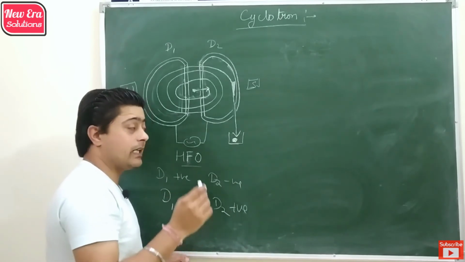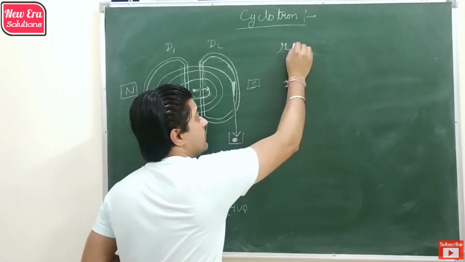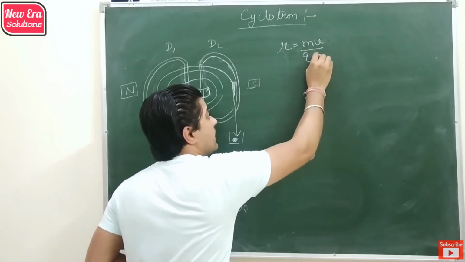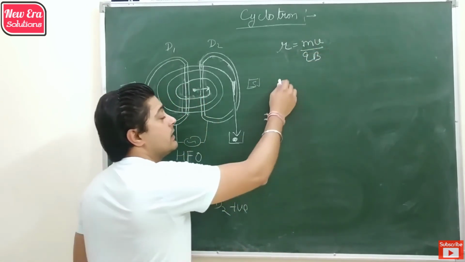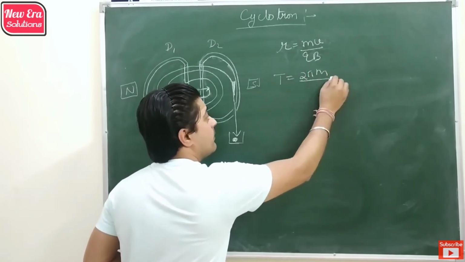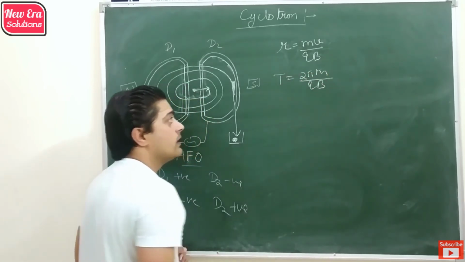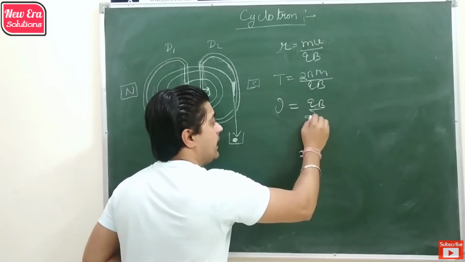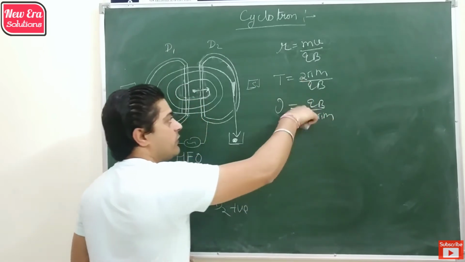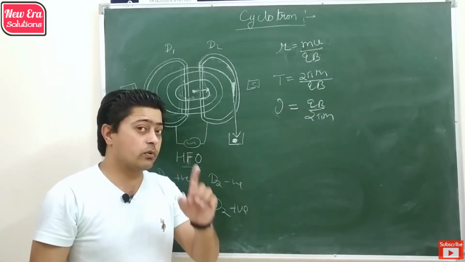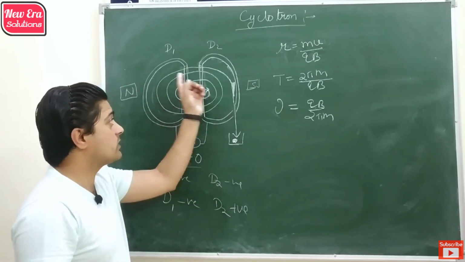In that case, we know that the radius covered by the charge in a magnetic field is mv by qB, and the time period is 2 pi m by qB. Similarly, the frequency of the charge is qB by 2 pi m. So if we observe, the time period and frequency are both independent of the velocity and the radius of the charge.